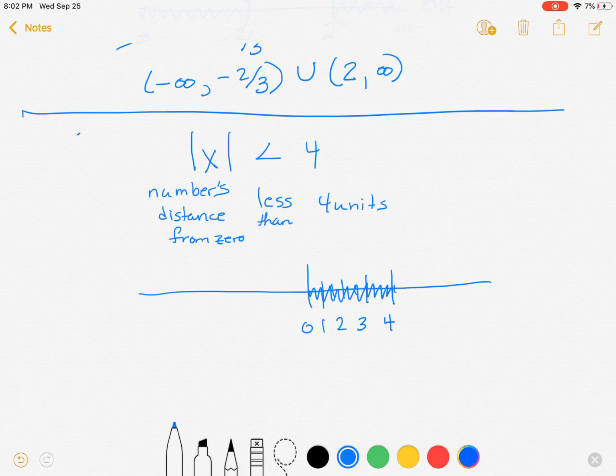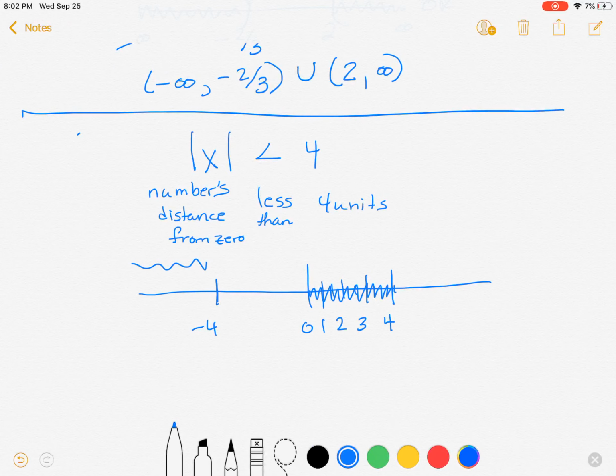Okay? Now look on the negative side. People really mess this up because they'll say that it's somewhere out here because those numbers are getting less than negative 4. But that's not true, because we're not talking about their number like negative 5, negative 6. We're talking about their absolute value.